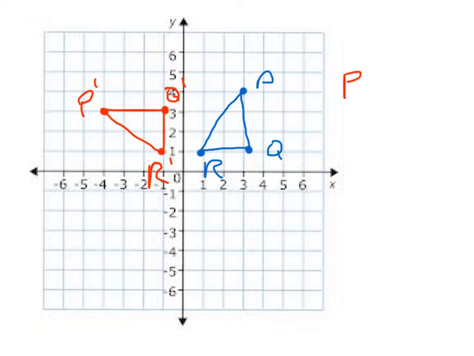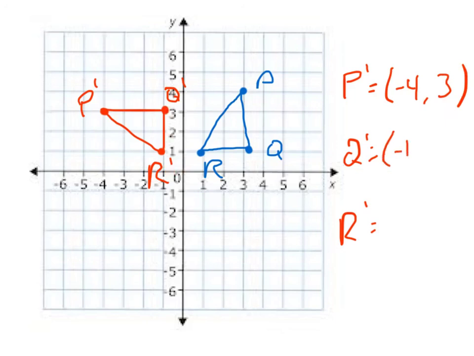And to give those coordinates, P prime, Q prime, R prime, P here would be -4 up 3, so -4, +3. Q is -1, +3, so -1, +3. And R is -1, +1, so -1, +1.